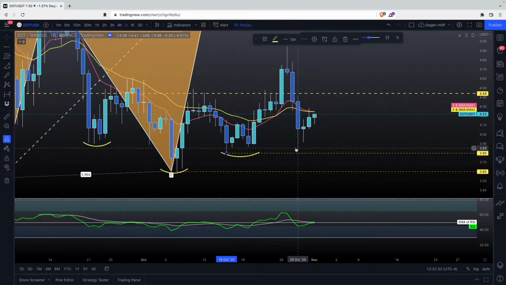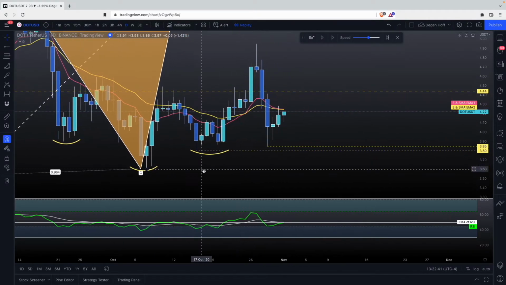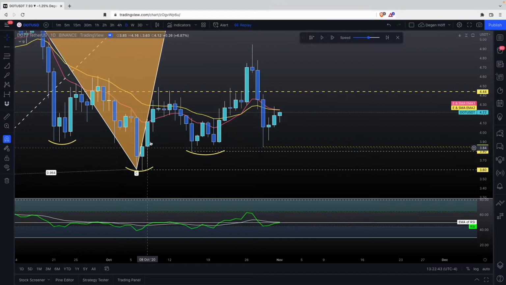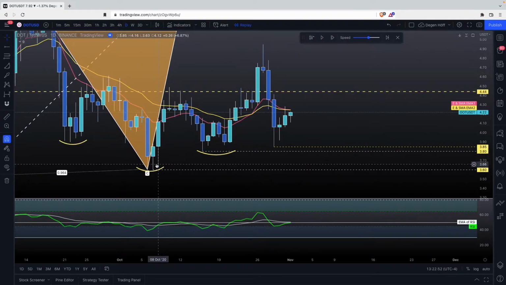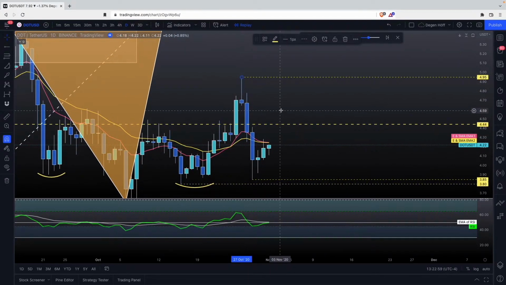This wick down didn't take any liquidity here, which means the order flow is still bullish, and they're going to probably move it up now, the big wallets. They protected this low. When they retraced, they held above. Higher high. Actually, this is 1, 2, 3. Second valley, third valley. Breaking above here, this could be a 3 rising valleys pattern.